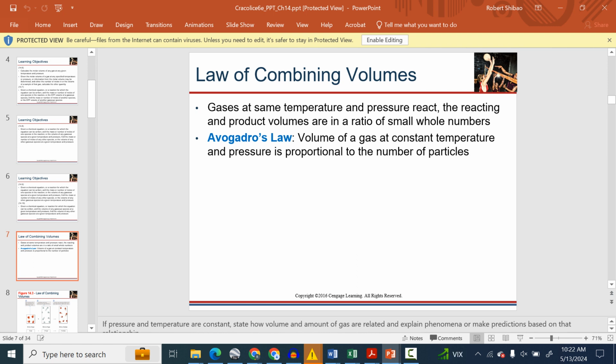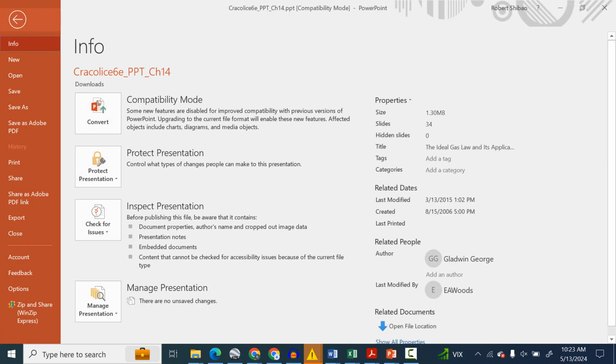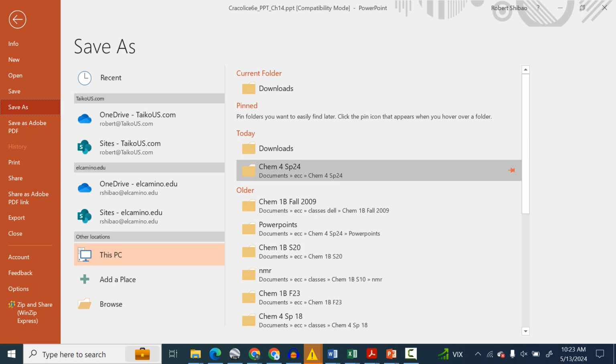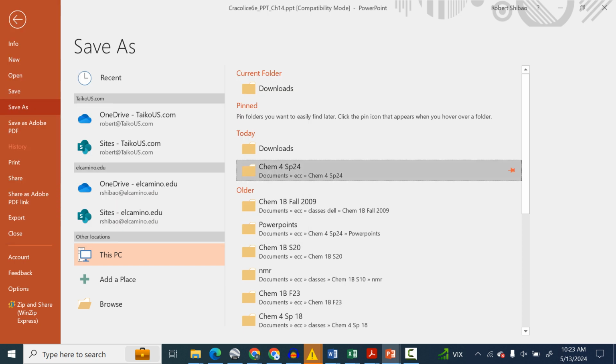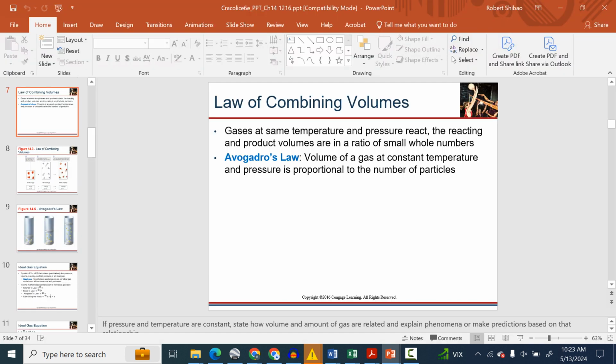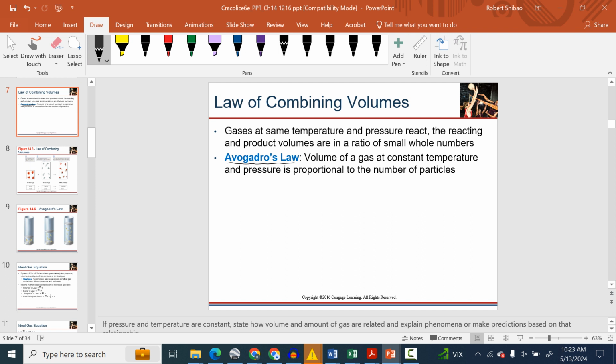Avogadro's law is simply this: the amount of gas, in moles, is equal to n, and this is directly proportional to the volume. That makes sense. The more gas we have, the greater the volume.